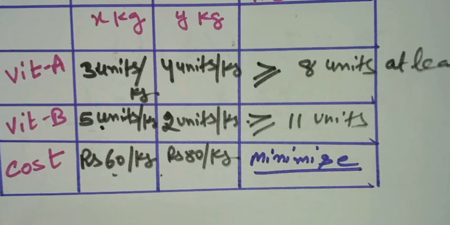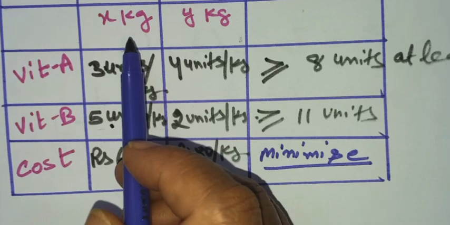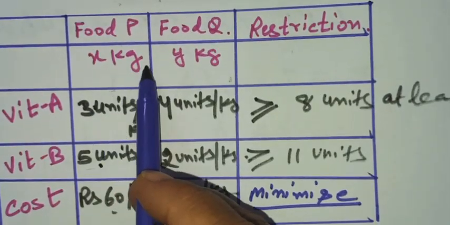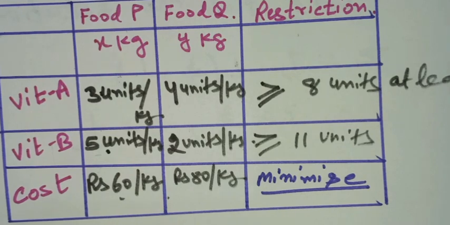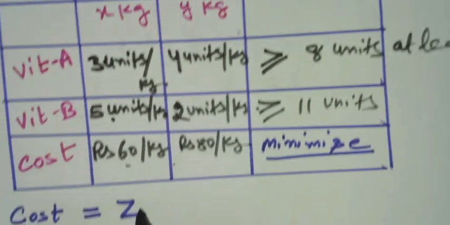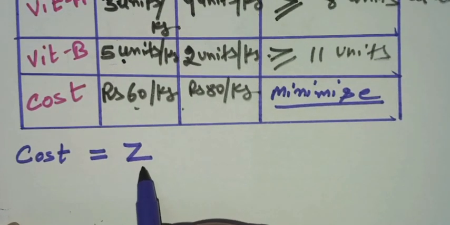So let me see how much cost I will pay for making this mixture. Since I am making the cost function, it is going to be the objective function, and we always denote the objective function by the capital letter Z.